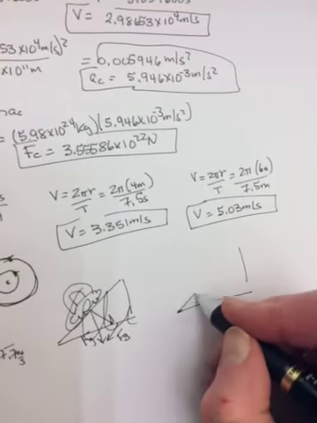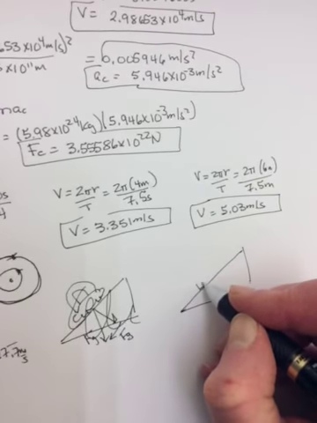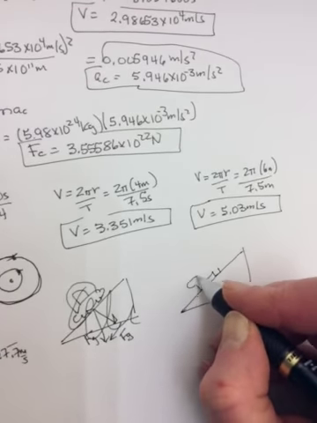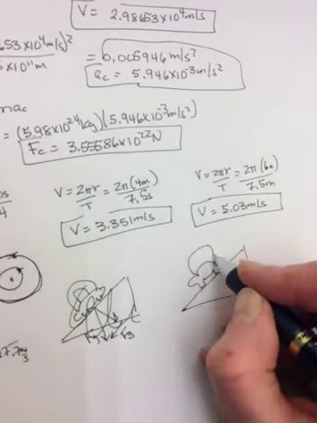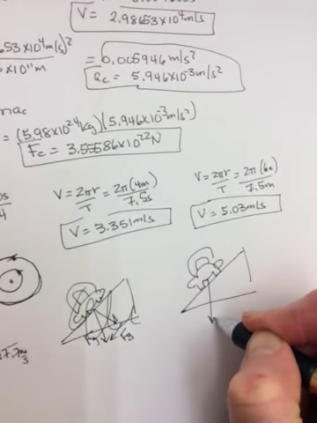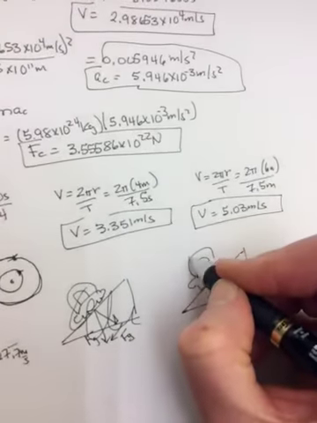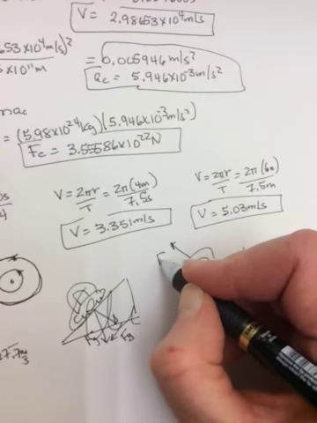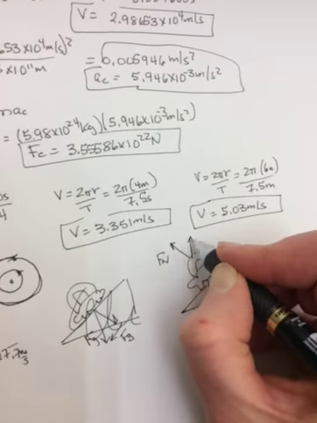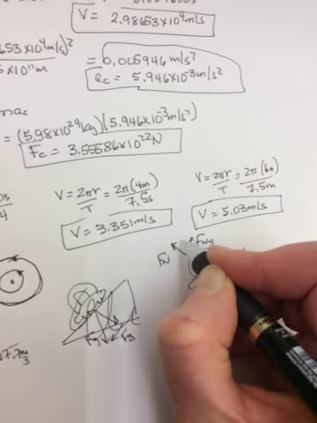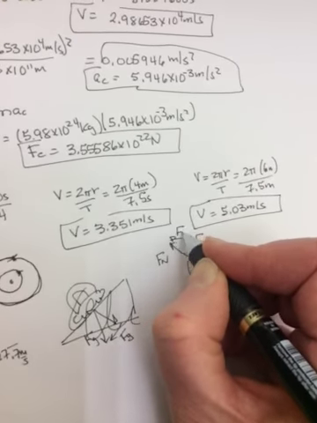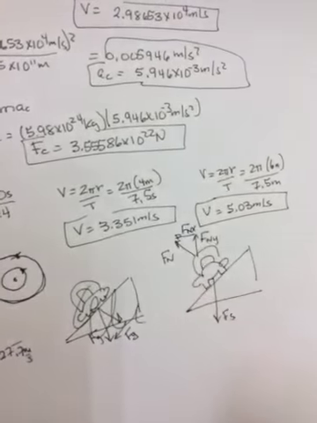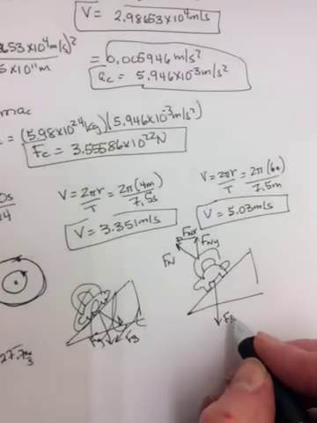So let's try that again. F_g is acting down. That is very true. But you don't change this. F_N is acting up at an angle. And it has two components, F_NY and F_NX. And it's F_NX that's going to be supplying the centripetal force.